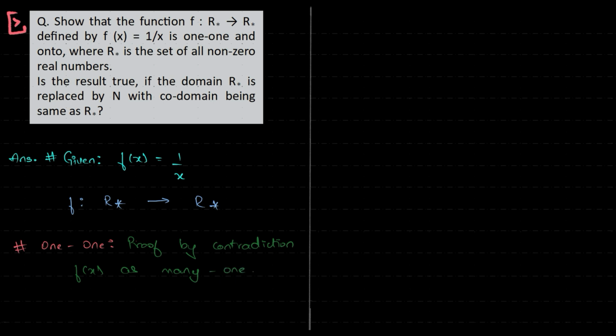That is, I'll write it over here: consider m comma n belonging to R star such that f of m is equal to f of n. What does it actually mean?